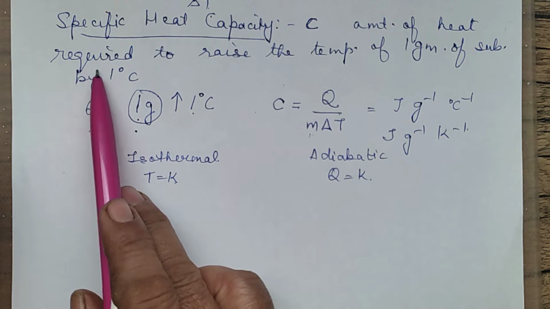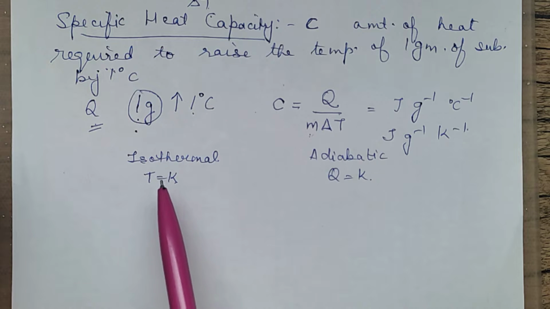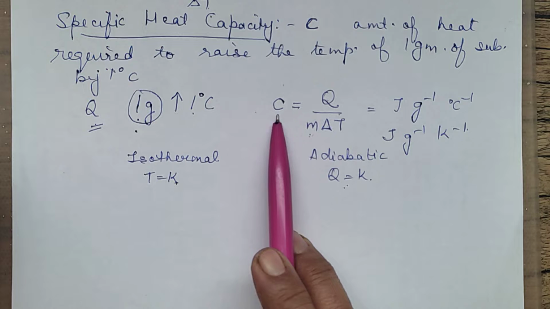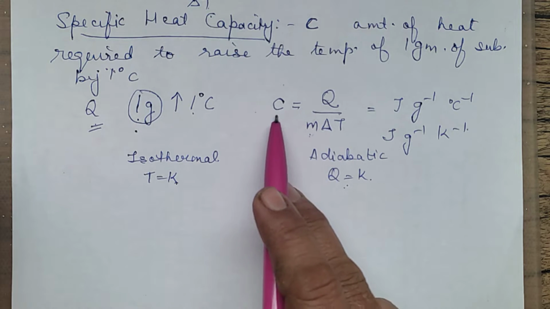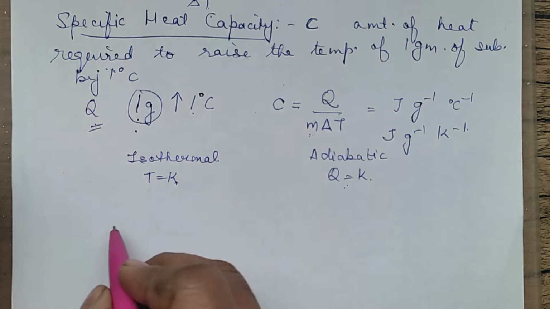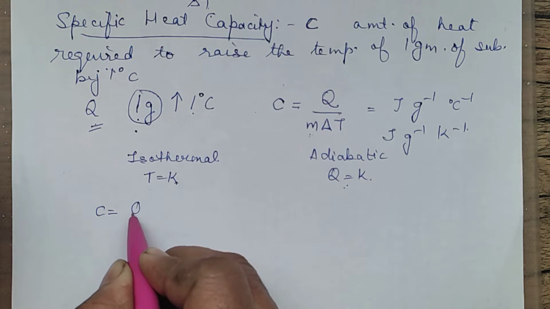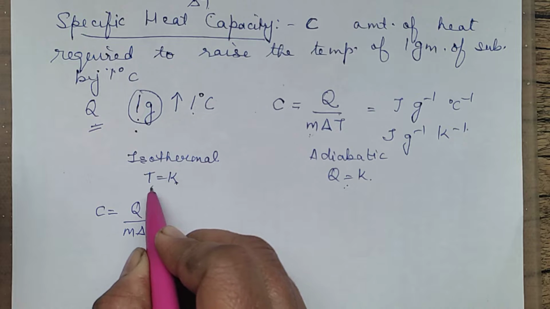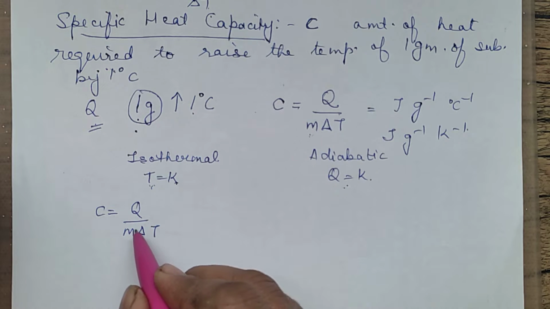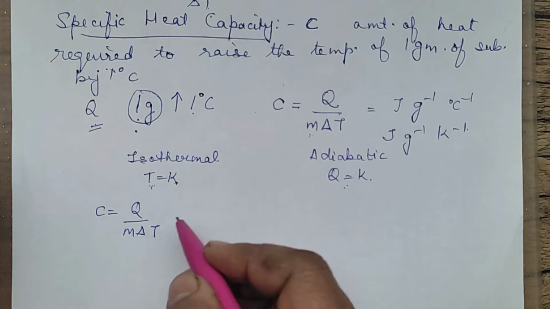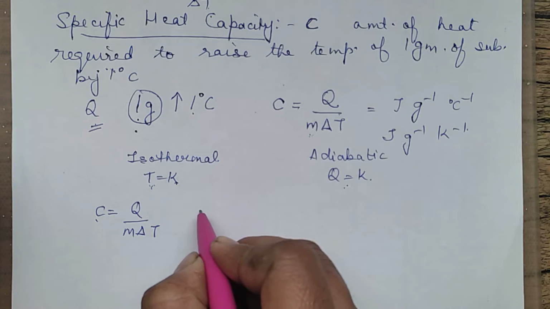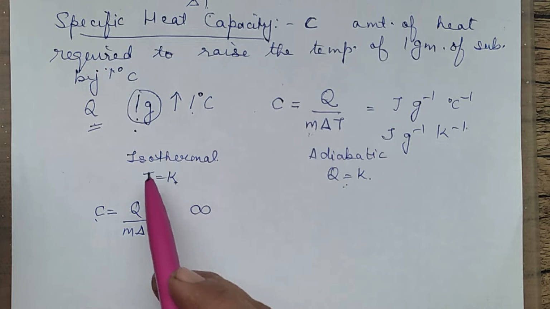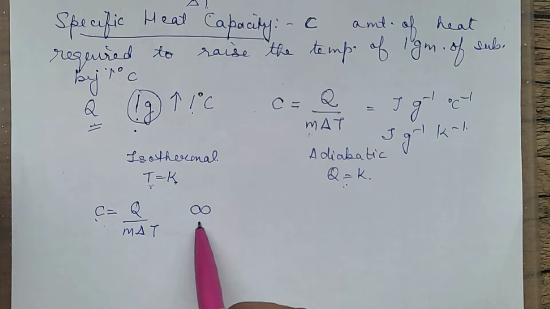If we measure the specific heat capacity for these processes, we can just put it in this formula: specific heat capacity is equal to Q by M delta T. At constant temperature, delta T is 0. When this term is 0, the specific heat capacity tends to infinity. Specific heat capacity for an isothermal process is infinity.